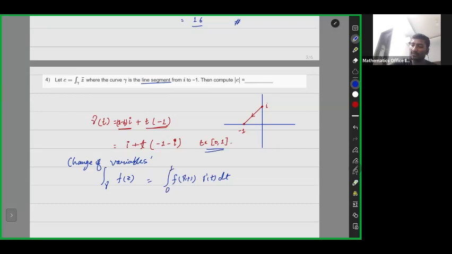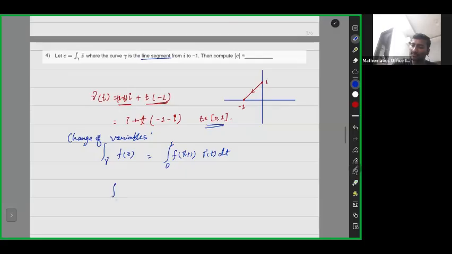So the integral of z bar, I'm always making verbal mistakes, I hope I'm writing correctly and you are understanding it correctly. So f of gamma t becomes gamma t bar times gamma prime t, integral dt from 0 to 1.